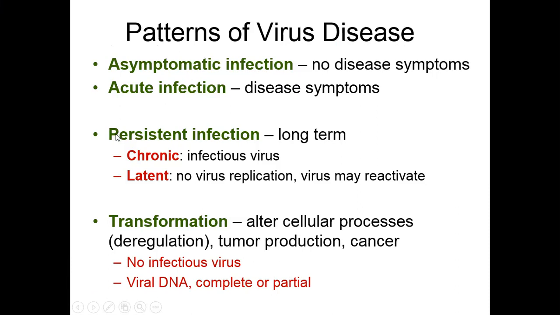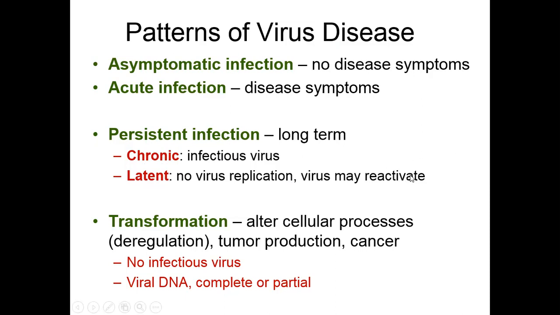The next category would be persistent or long-term infection. This can be chronic, where we have infectious virus going on, or latent, where there is no viral replication after the initial infection, and the virus resides in some particular cells.